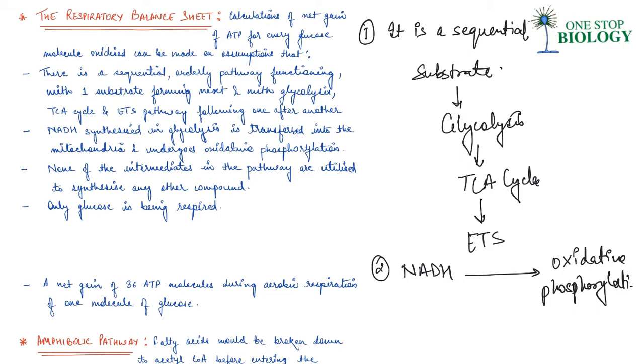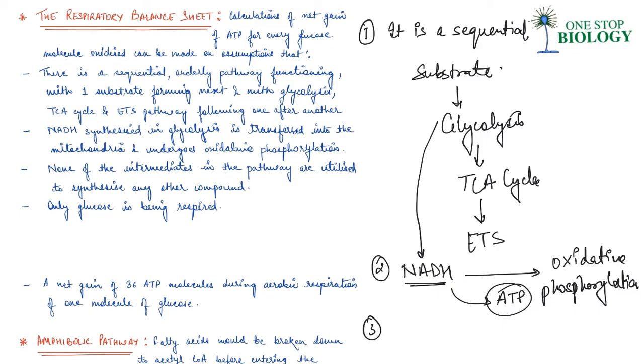So basically, NADH is a molecule which yields energy, but it cannot directly produce energy. So that is why it is somehow changed into ATP, which is the direct source of energy, right? So now the NADH, which is synthesized during glycolysis, goes into oxidative phosphorylation.